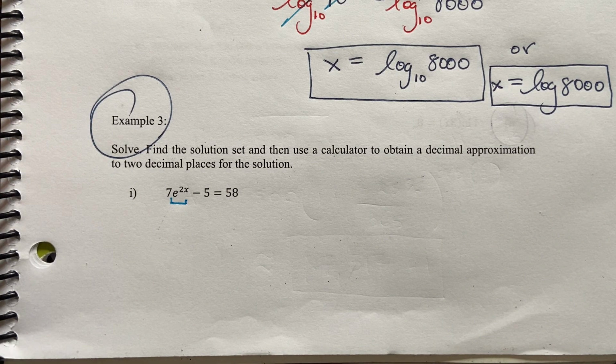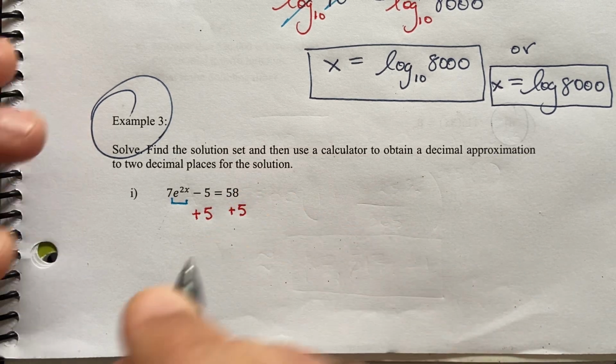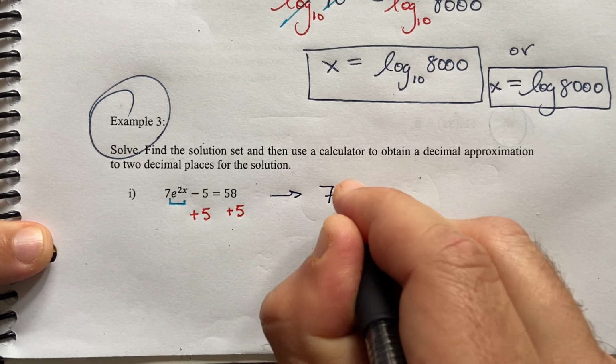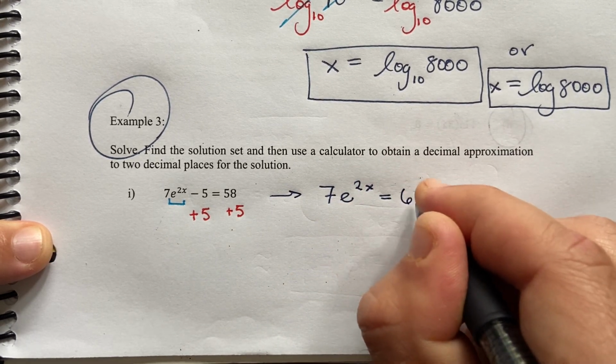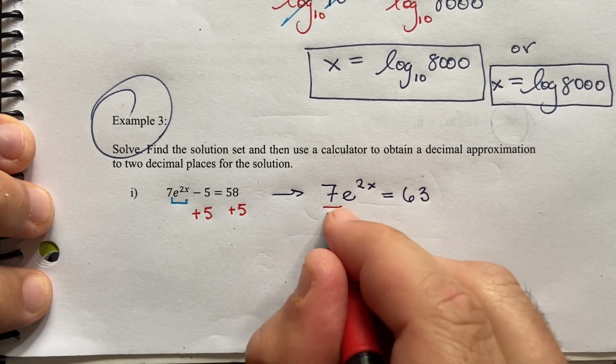So what I'm going to do first is to add 5. So we get 7e to the 2x equals 63. Then I'll divide by 7.